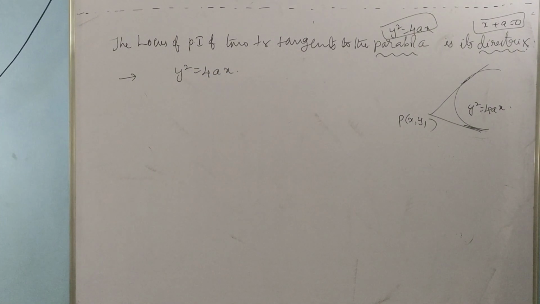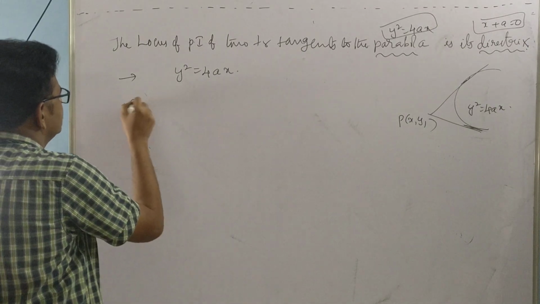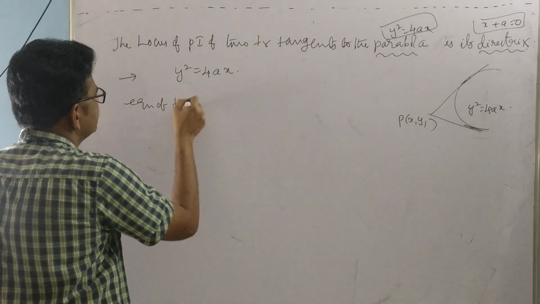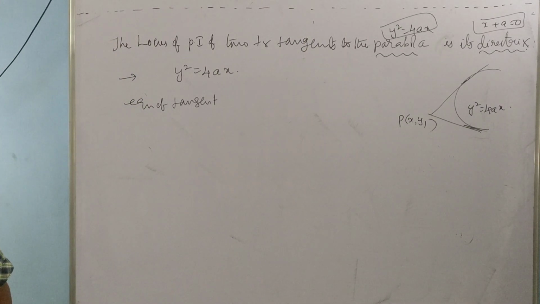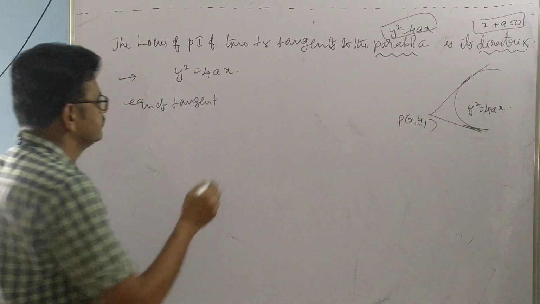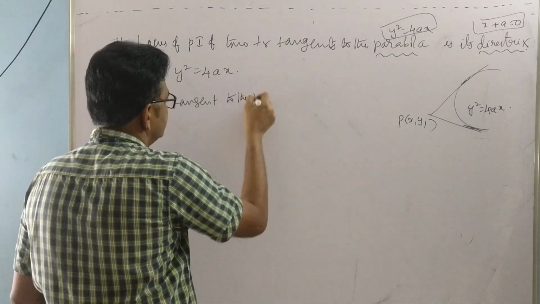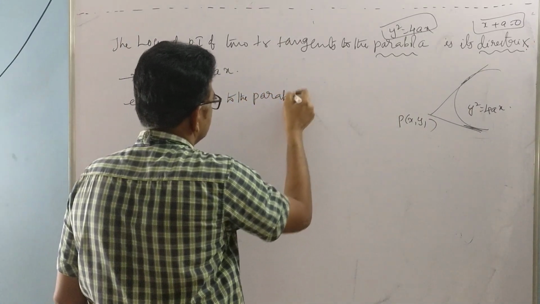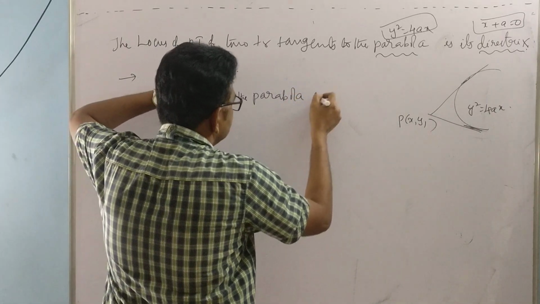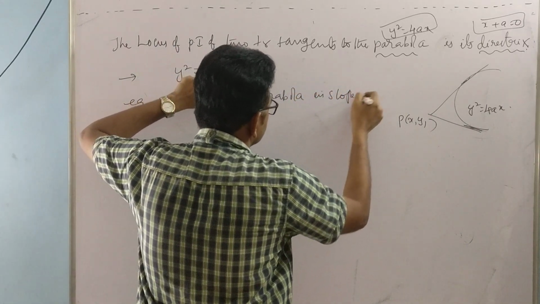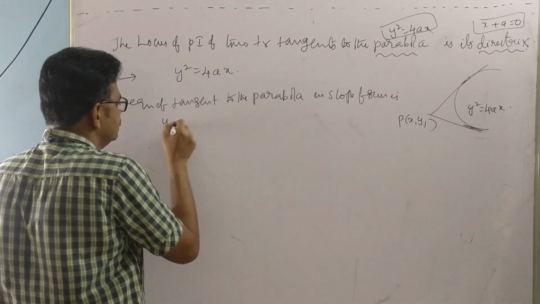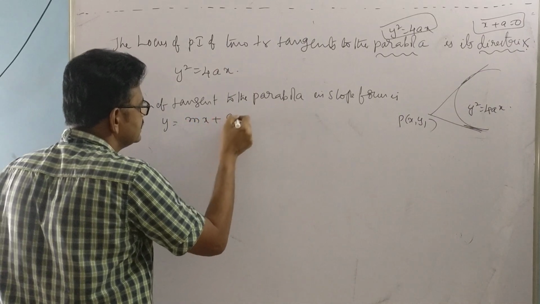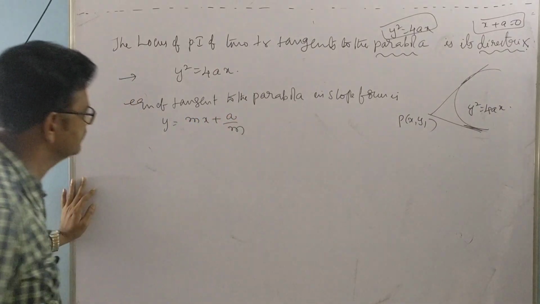So, the equation of tangent to the parabola y² = 4ax in slope form: what is the equation of tangent? y = mx + a/m. This is the tangent equation.